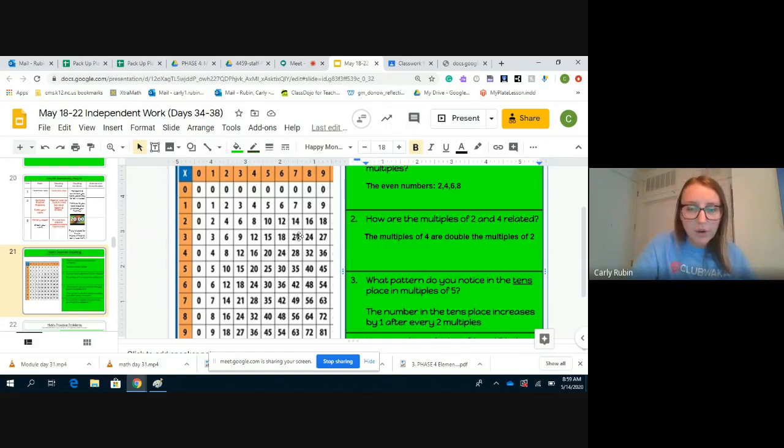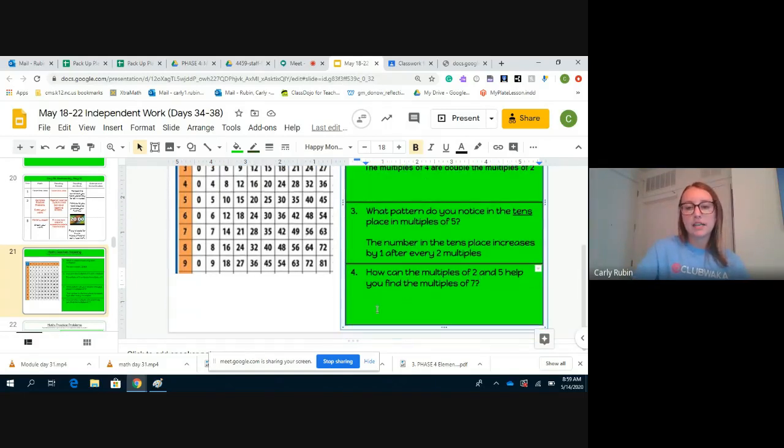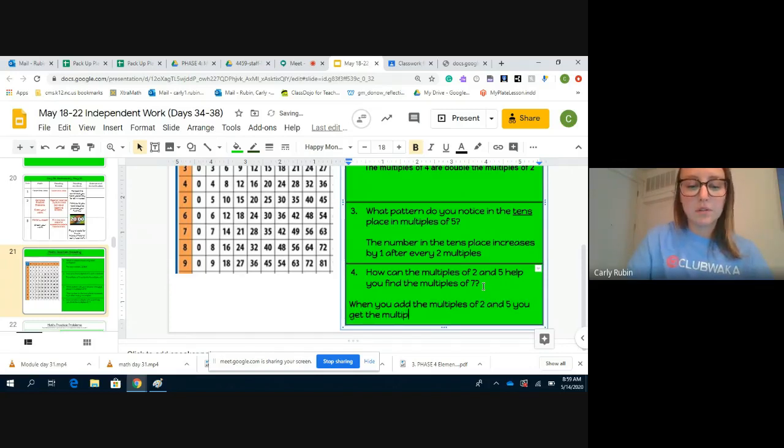That gives me 21. So the pattern that I'm noticing is that when you add the multiples of 2 and 5, you get the multiple of 7.